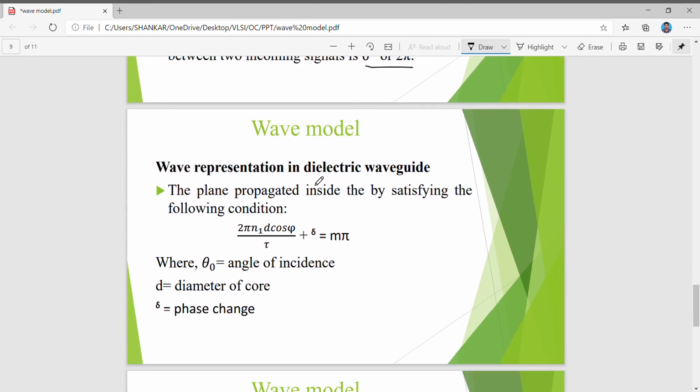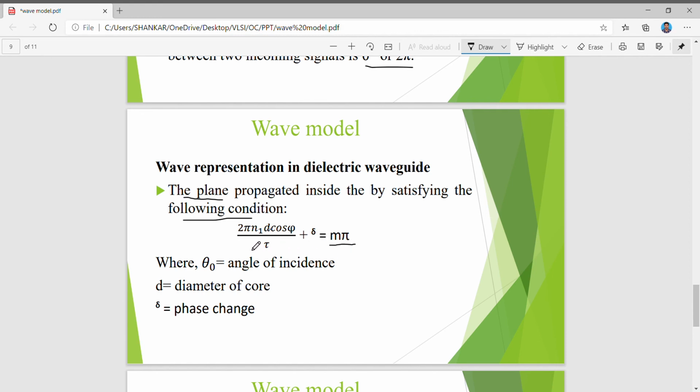The wave representation in the dielectric waveguide: how the wave is represented inside the waveguide. Whenever the plane wave propagates inside the fiber or waveguide, it should satisfy the following condition: 2 pi n1 d cos phi by lambda plus delta is equal to m pi.